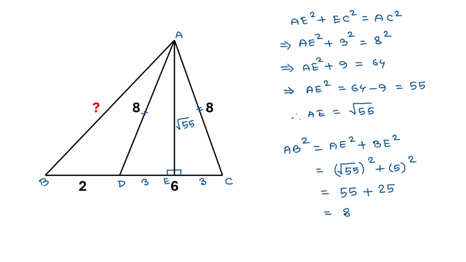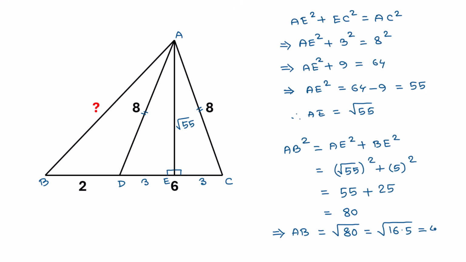This is 80. Now taking square root to both sides, we will get AB is equal to square root of 80, which is square root of 16 times 5.